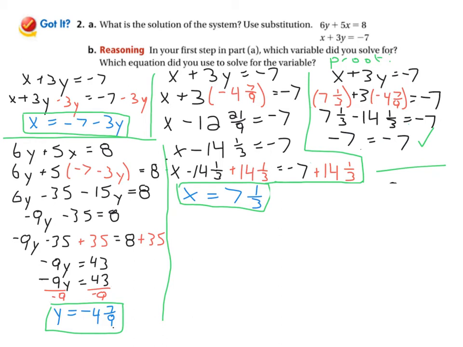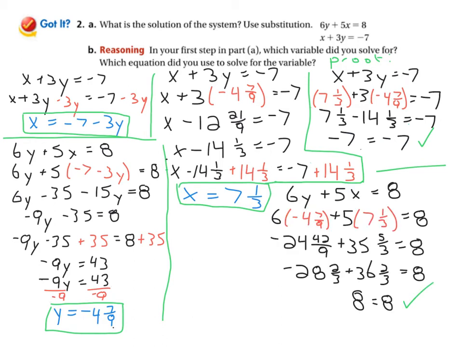That checks out. We need to do the proof on the other equation, and when we replace both variables with their values and simplify out, again, -24, and 6 times 7 is 42/9, plus 5 times 7 is 35, and 5 times 1/3 is 5/3.